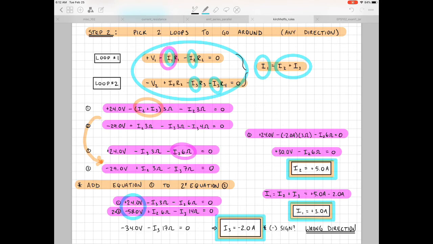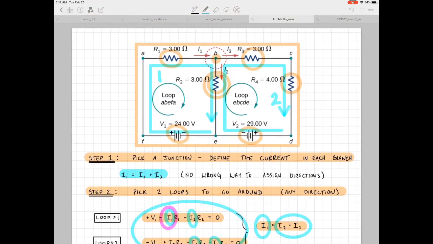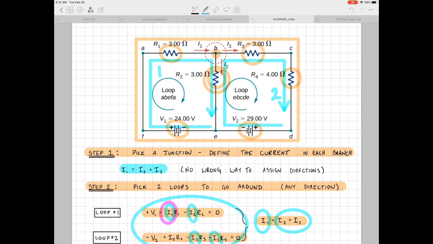And so once you know all of the current values, then you can start answering questions like how much power is dissipated by each of the resistors, how much power is generated by each of the batteries. Keep in mind that the current through V2 is actually going this way, right?